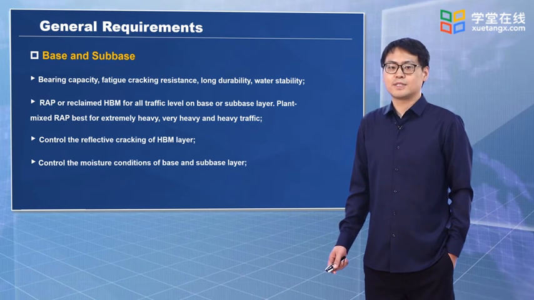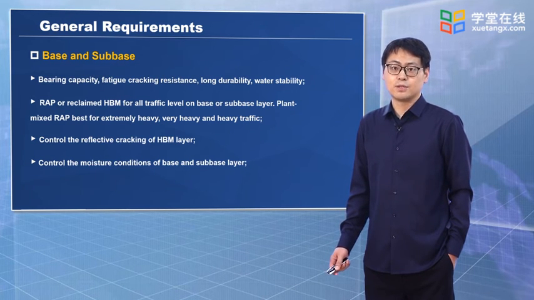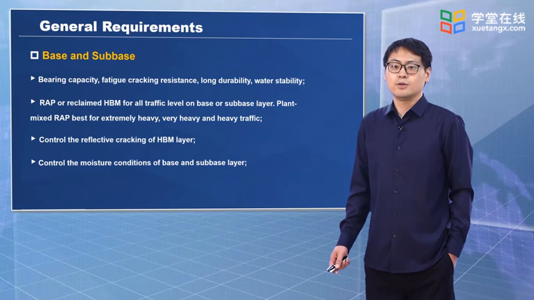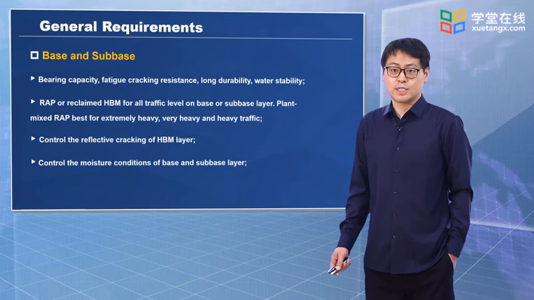For base layer with semi-rigid material, the following can be used to reduce its contraction and reflective cracking. You can select cracking-resistant materials for the base layer. You can also increase the thickness of the asphalt surface layer or install a layer with graded stone or asphalt stabilized crushed stone on semi-rigid materials.